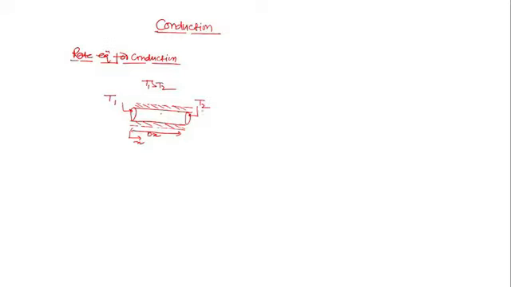Let's say the temperature drop T1 minus T2 remains constant and the length of the rod delta x is also constant, and we vary the area. I told you the area is normal to the direction of heat transfer.